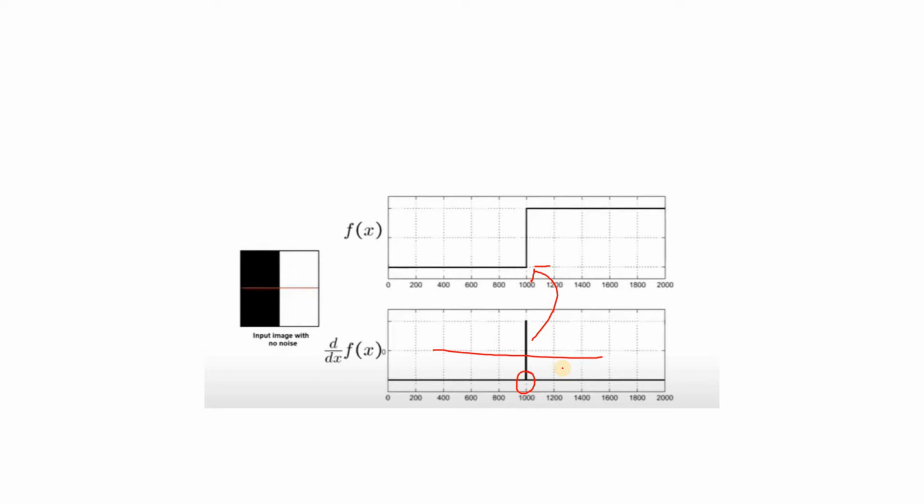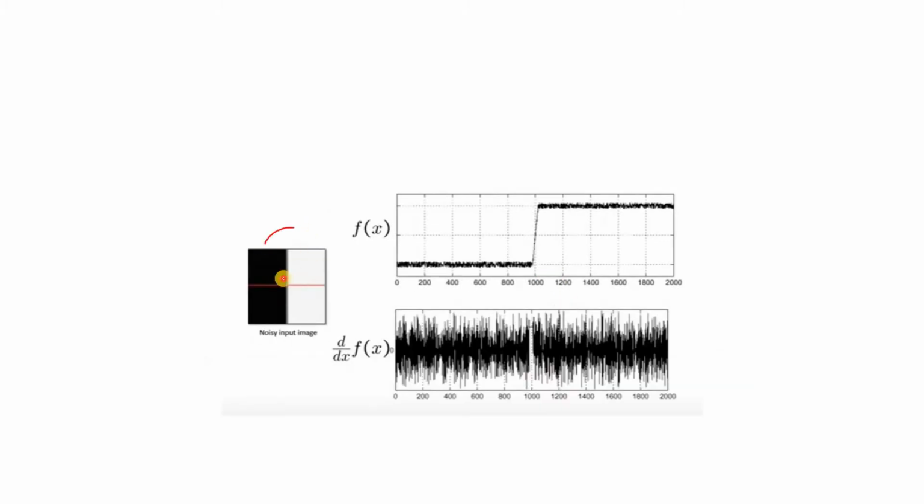Life was so good with this algorithm until we encountered noise, which is always present in practical situations. In real life images, this kind of sudden change never appears. It will go smoothly, and the change will happen in a little noisy fashion. Now you can observe here, for a noisy input image, the intensity plot looks like this.